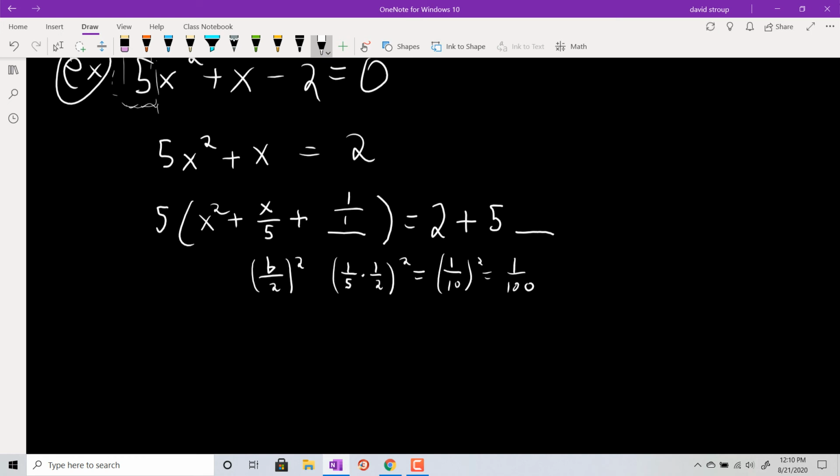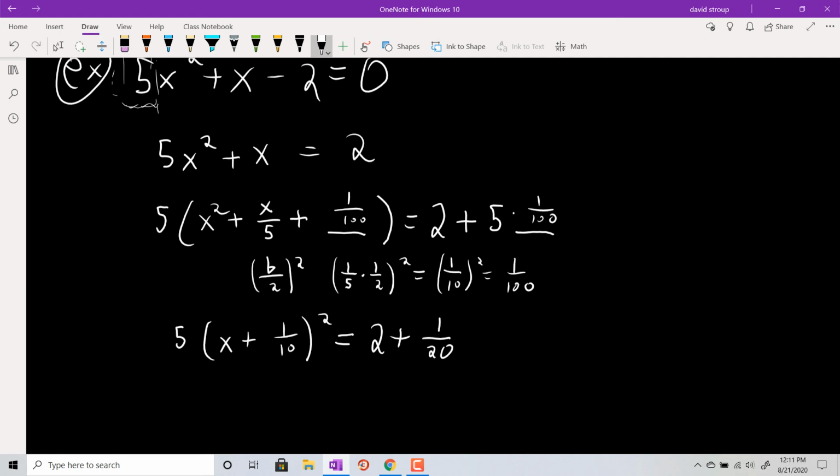So I add that in, and also on the other side, but I have to remind myself to multiply it by 5. Then I can factor, after I complete the square, x plus 1/10 squared. And on the other side, I'll have 2 plus 5 over 100, which is 1 over 20.